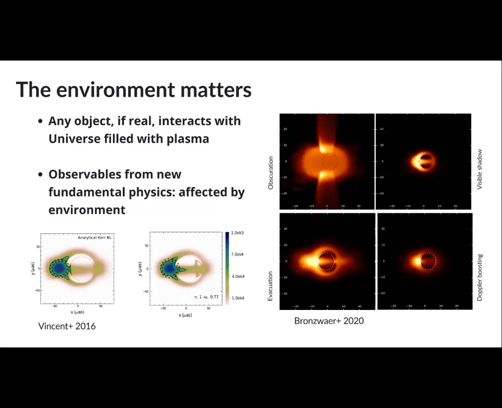In this case, the optical depth of the plasma doesn't allow us to see the shadow. In this case, the physical effects associated with the ISCO, or with producing an inner edge of the accretion flow, produce a shadow that is larger than the shadow size predicted by general relativity, which is indicated by the dashed line.